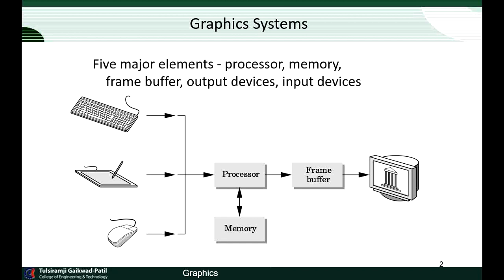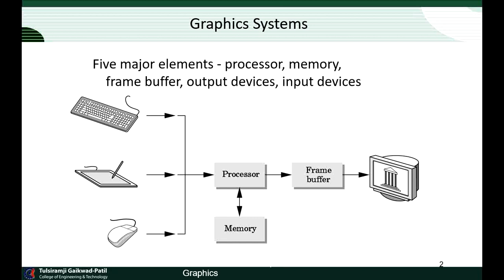Five major components or elements are used in graphic system. The major elements are: first is processor, memory, frame buffer, output device and input devices. On the screen you can see the diagram of the various components used in graphic system.